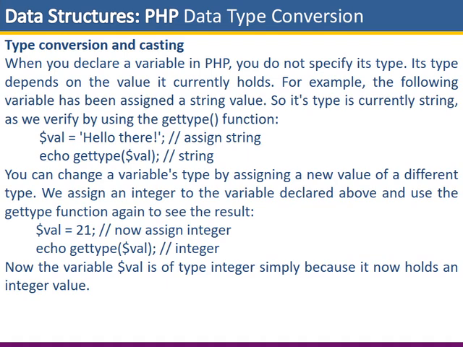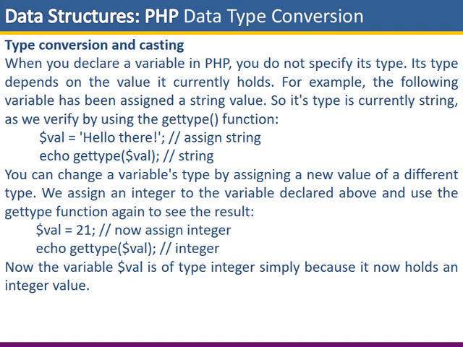We can change a variable's type by assigning a new value of a different type. We assign an integer to the variable declared above, and we use the getType function again to see the result.